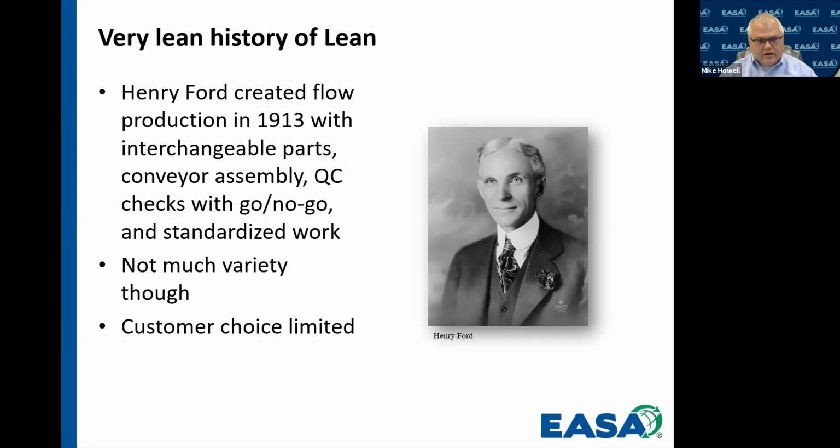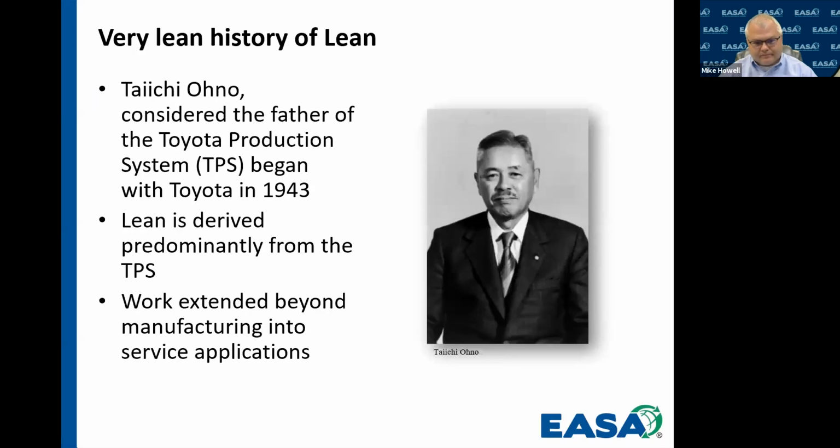Not a lot of variety here, though. If you wanted a black car, you got black. If you wanted a red car, you still got black. So very little variety offered in that production environment. But it kind of kick-started this flow production.